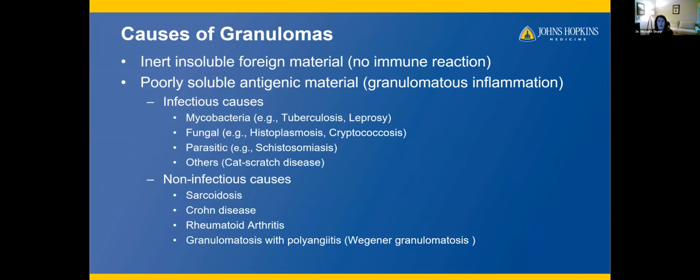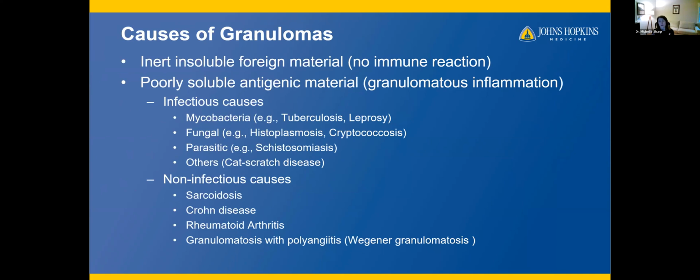There are a lot of different causes of granulomas. One of the causes is just foreign material. It's not anything that your immune system is necessarily reacting to; it's just something foreign that shouldn't be there, and the poorly soluble things are what cause the granulomatous inflammation.